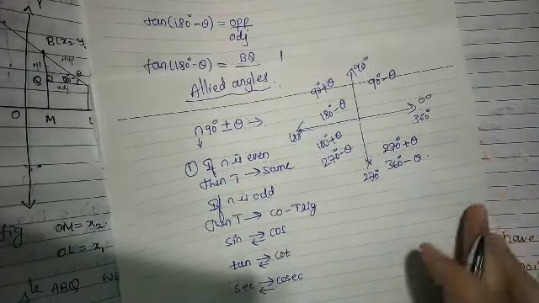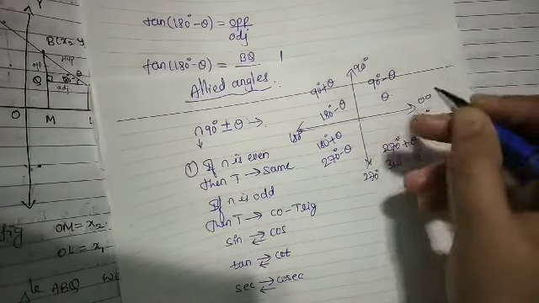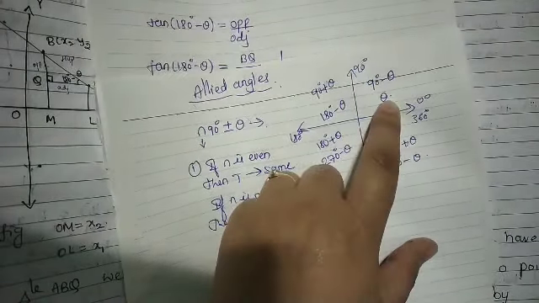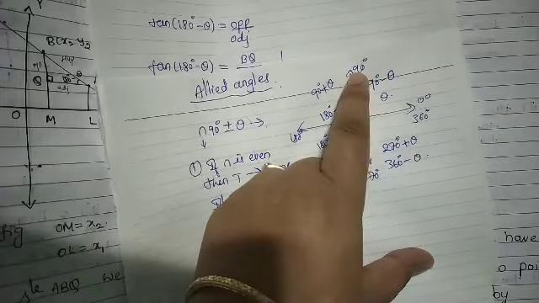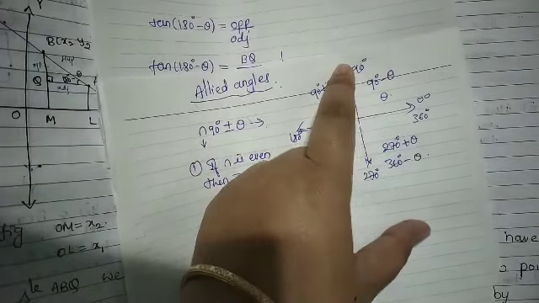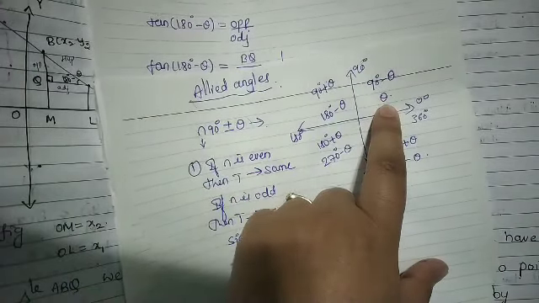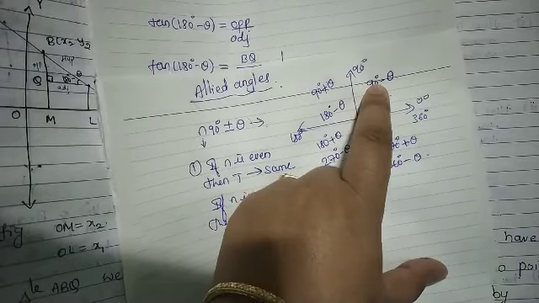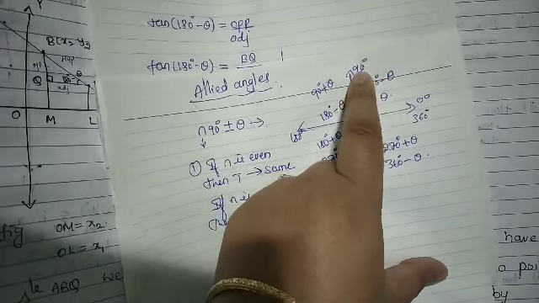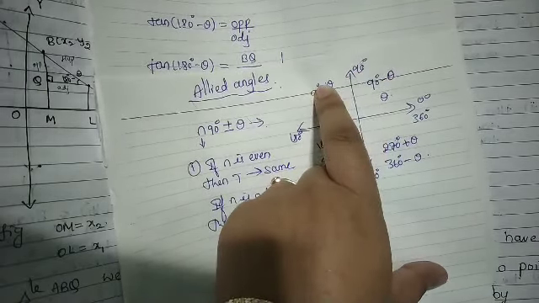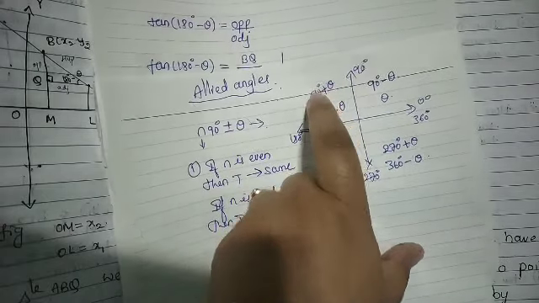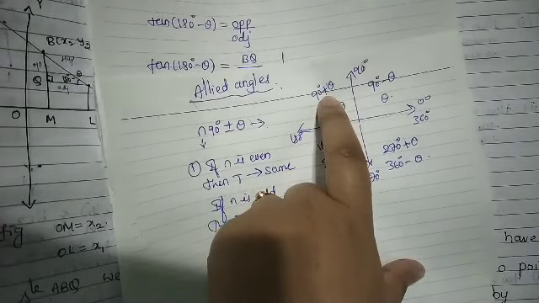Okay, so theta is the angle that starts from 0 to 90 degrees, so between 0 and 90 degrees is theta. If you do 90 minus theta, it is the first quadrant; 90 degree plus theta is the second quadrant. If it is below 180, it is the second quadrant.